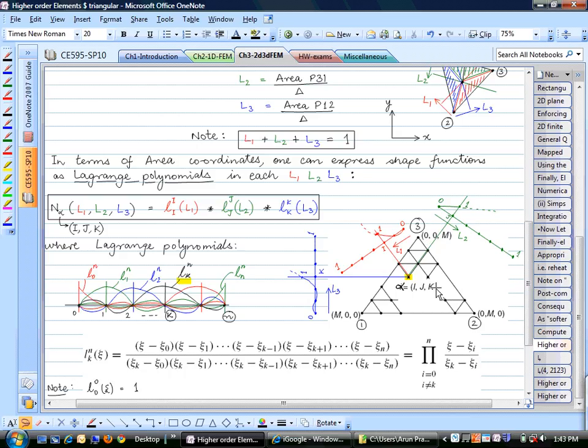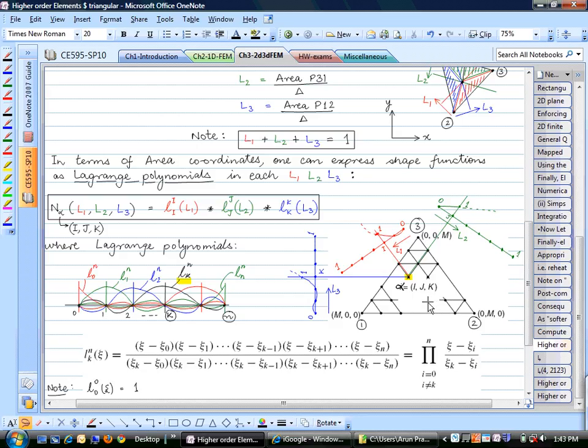L2 is 0, and as you reach the node 2, the value of L2 will reach 1. It starts at 0 and goes up to 1, which means J is equal to 1. So this is just a notation we are using to denote the location of any node inside the triangle.